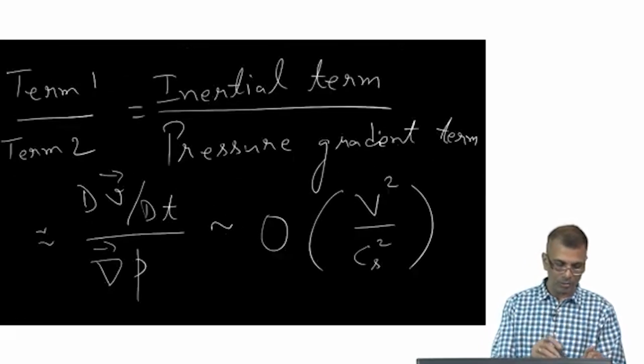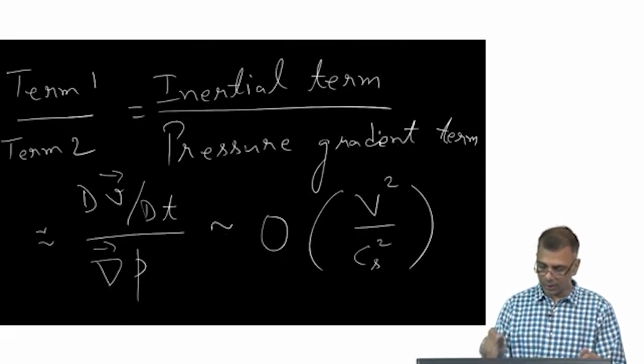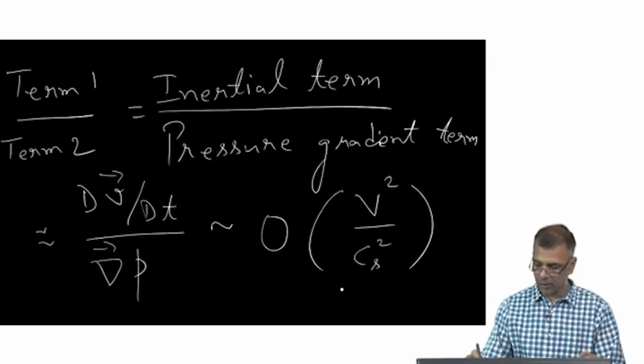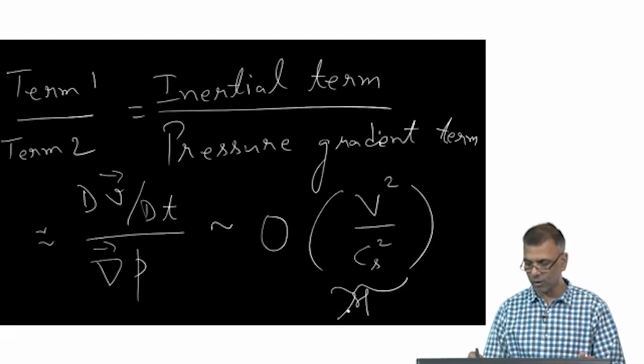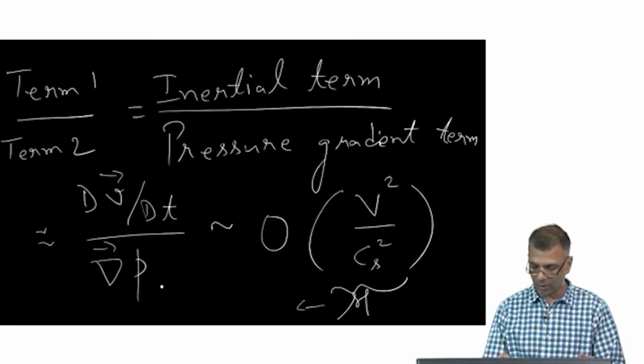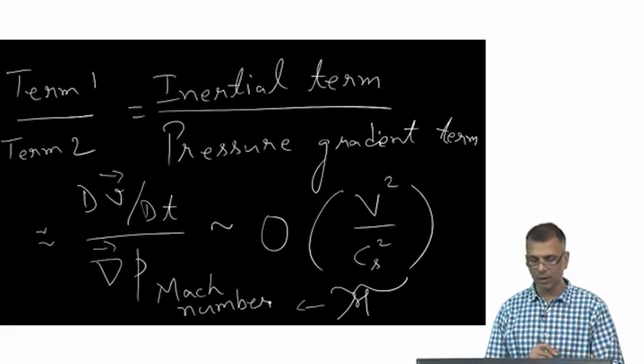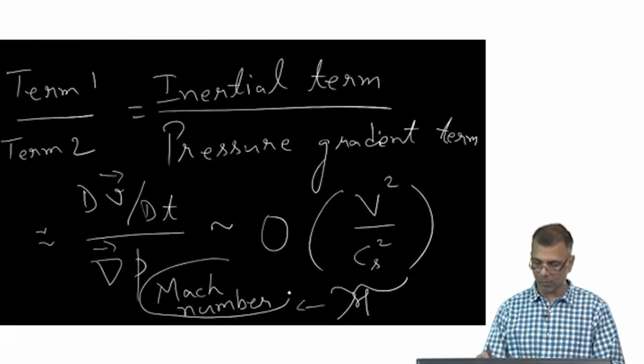And this very important quantity is often denoted by the letter M, and this is something that is called the Mach number. This is the first dimensionless number that we will encounter, the Mach number.